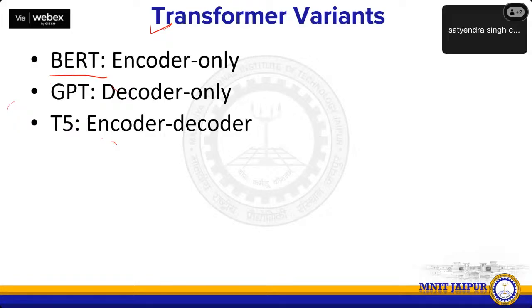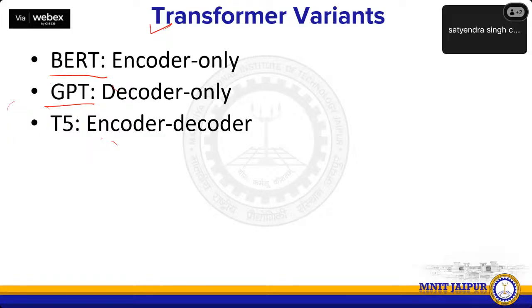For tasks like classification and question answering, BERT has been used, where only the encoder part is used. Whereas GPT, which is for text generation, which is used for generative AI, uses only the decoder part. Once it is trained, only the decoder is used, for generative text like text completion and language modeling.